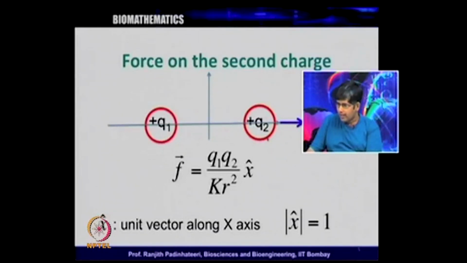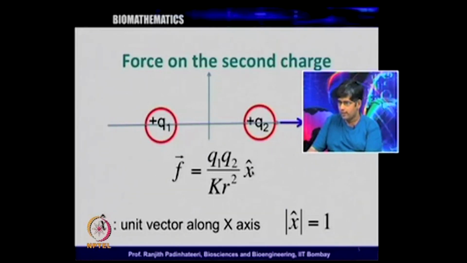Now we have to put that in symbols. That is what we have put here, x with a hat-like sign. You can call it x hat or x cap. This symbolizes that the direction of the force is in the direction of the x-axis.